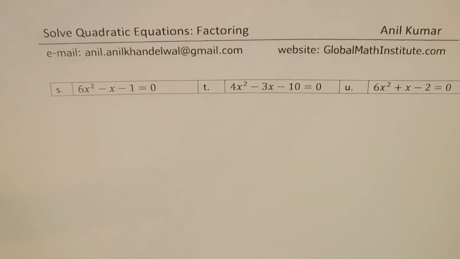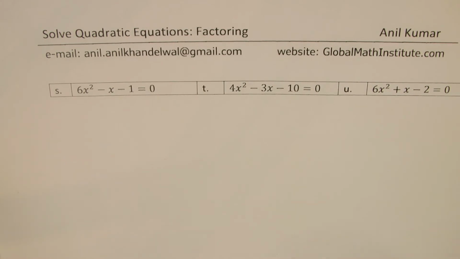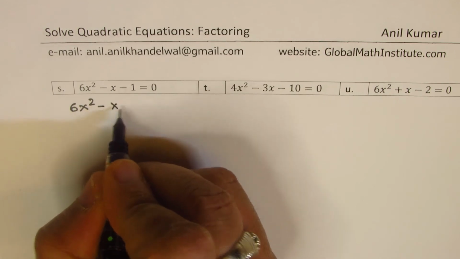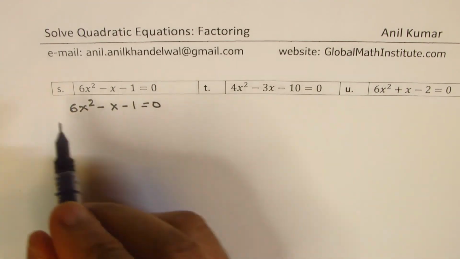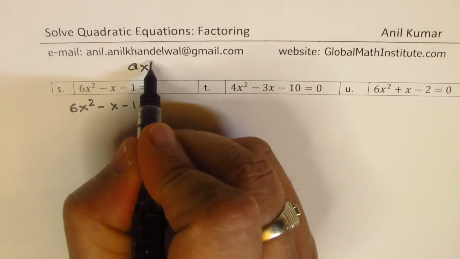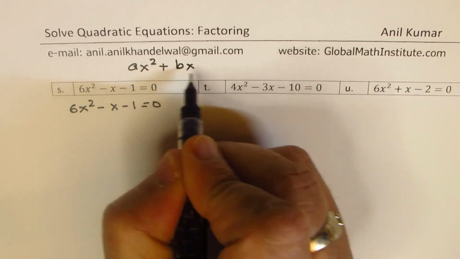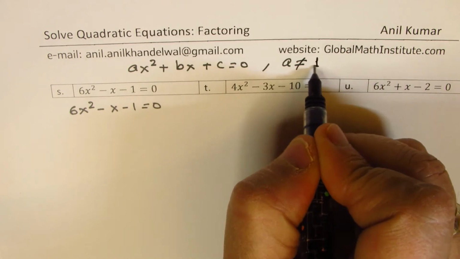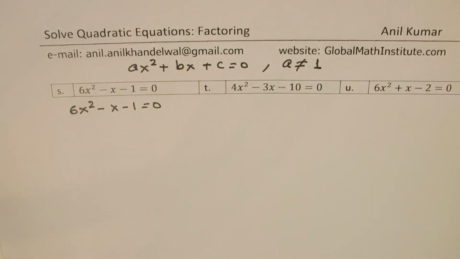We're almost at the end, just 6 more questions to go. So this is 6x squared minus x minus 1 equals to 0. Now we are working in the form of ax squared plus bx plus c equals to 0, right? Where a is not equal to 1. So in such cases, we do adopt product and sum with a slight difference.